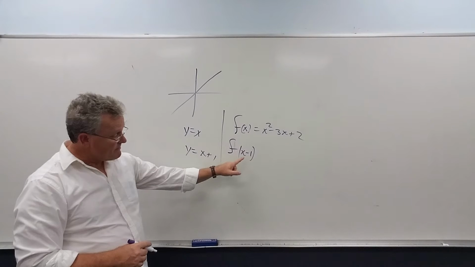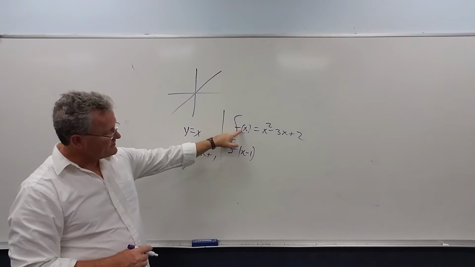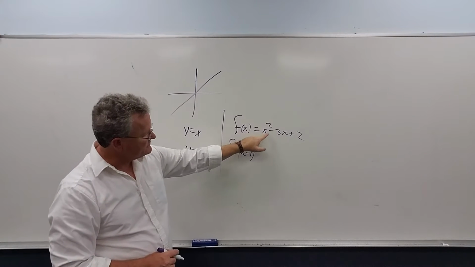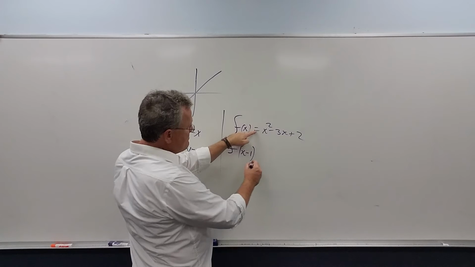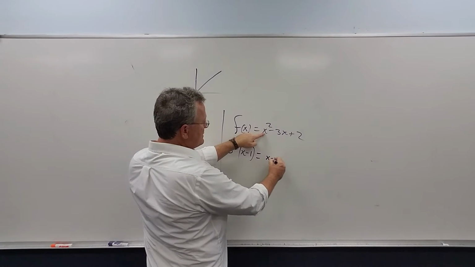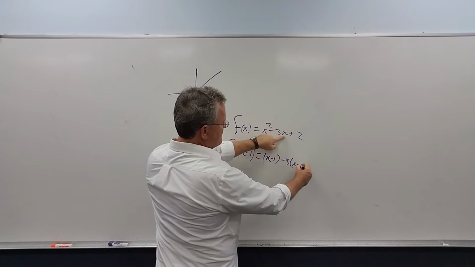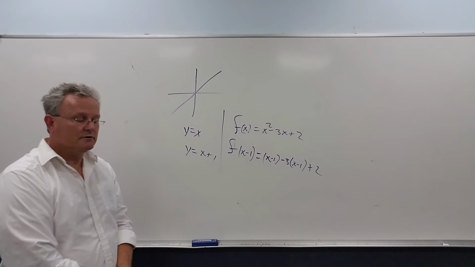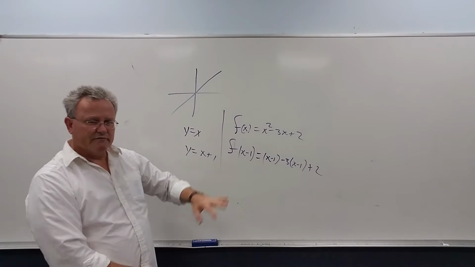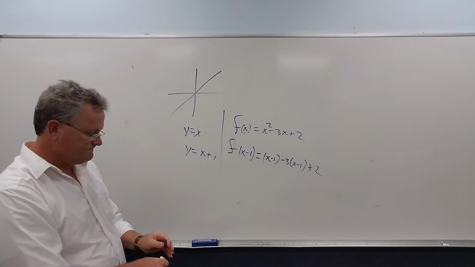Remember that this notation means we go back to f of x, and wherever there's an x, I plug in x minus 1. So here I plug in x minus 1, and here I plug in x minus 1, and then I have plus 2. All right. So that's a little bit of a refresher on the idea of functions and function notation.